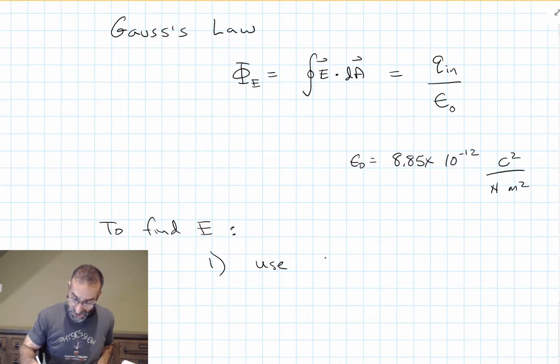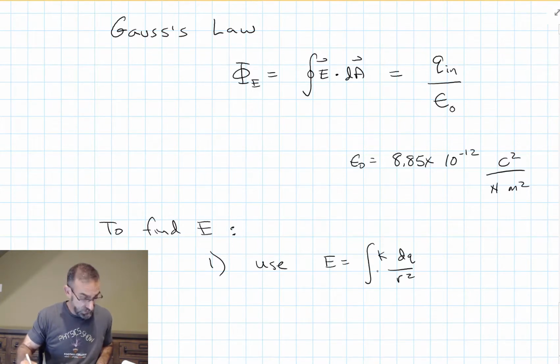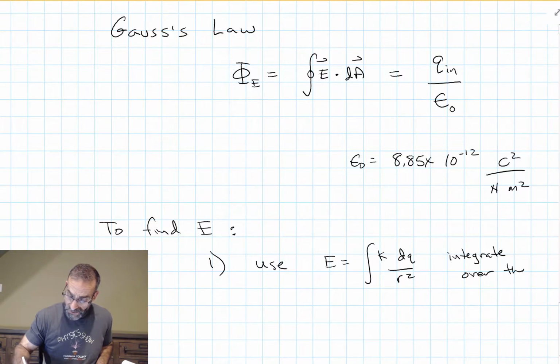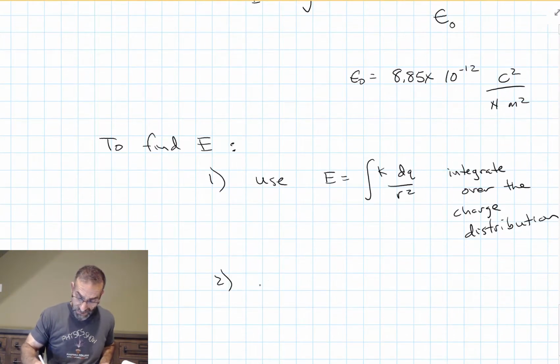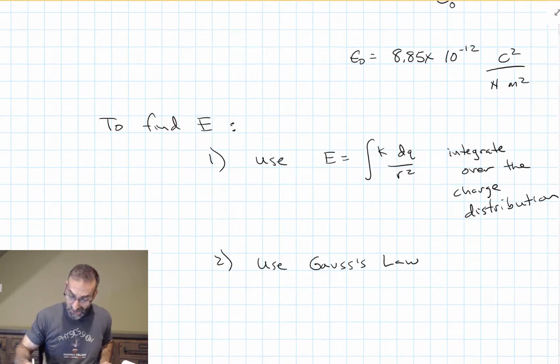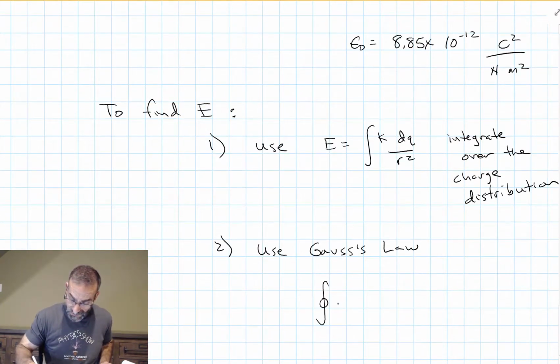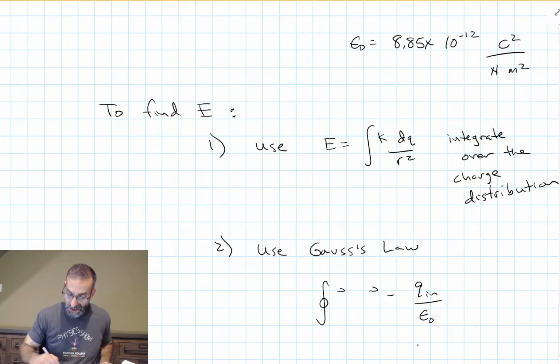We use the electric field is the integral of k dq over r squared. Integrate over the charge. And now we have a second technique where we'll use Gauss's law. The integral over a closed surface of E dot dA is equal to Q inside of that surface over a constant.